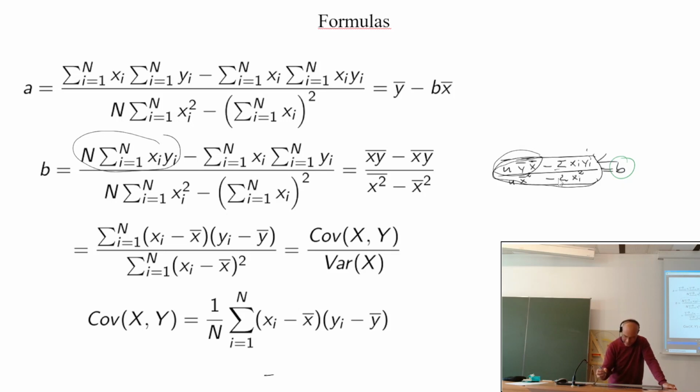Well, if I divide both sides by 1 over n, then I see that this formula just equals this formula here, because then this n and this n cancel, and we end up with these formulas here.